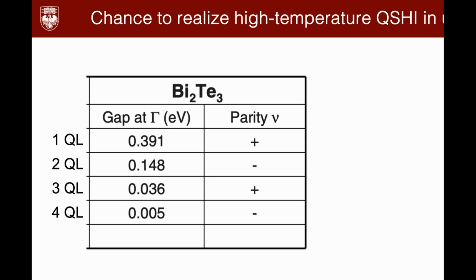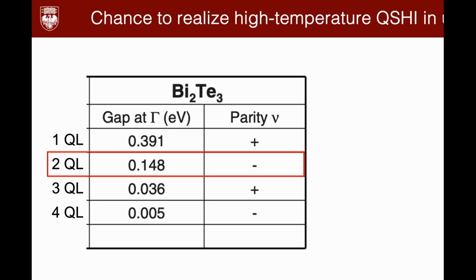This is a table showing the gap at gamma and the parity of the gap when you push bismuth telluride down to a few quintuple layer thickness. I'd like to particularly highlight this thickness, 2 quintuple layers. This is a thickness where the parity is negative and the gap is 148 meV predicted by theory. If this is true, this means we have a topologically non-trivial gap that is many, many times the room temperature energy scale.